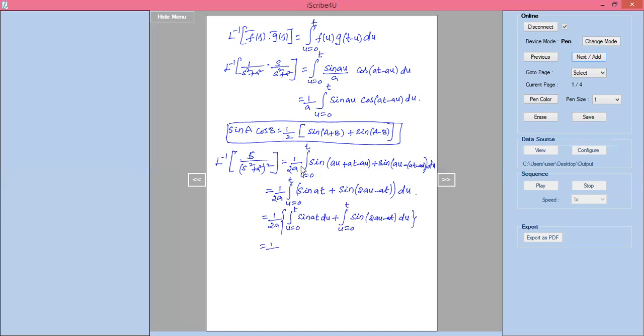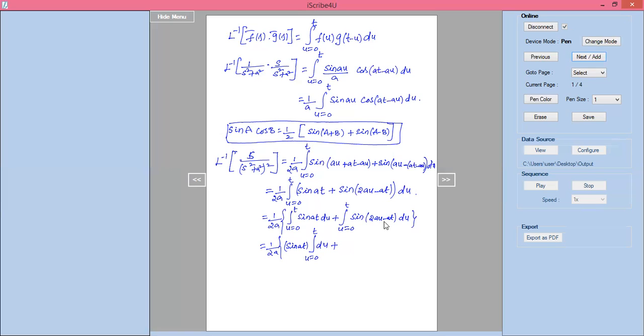Now I'll write 1 by 2A, and take sin AT outside. Integration of du from u equal to 0 to t, plus the integral of sin 2AU minus AT.